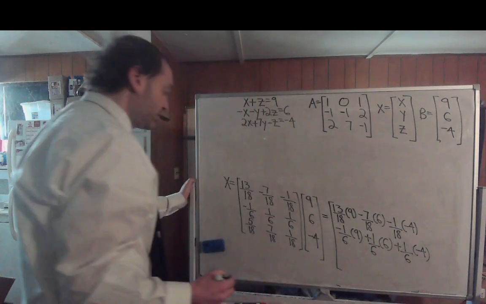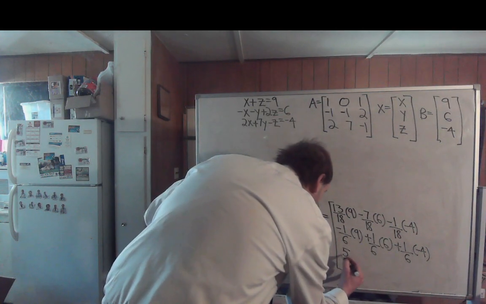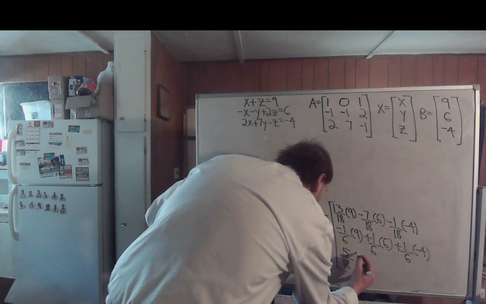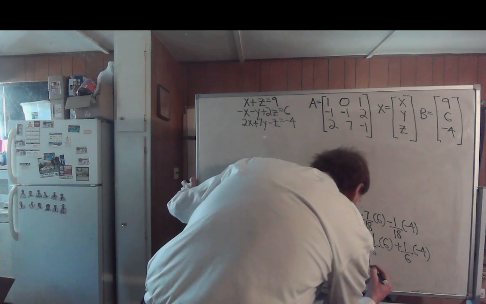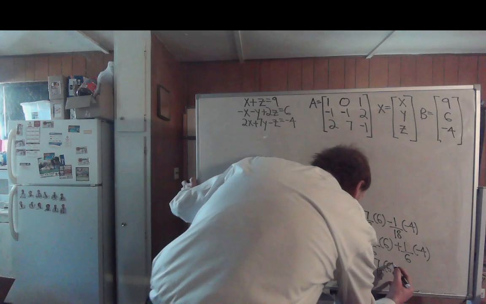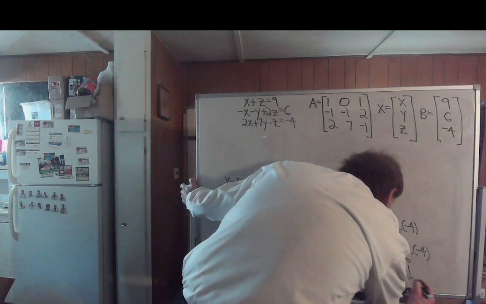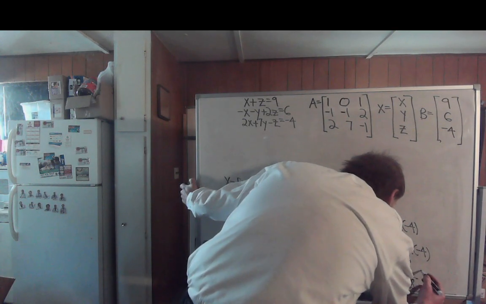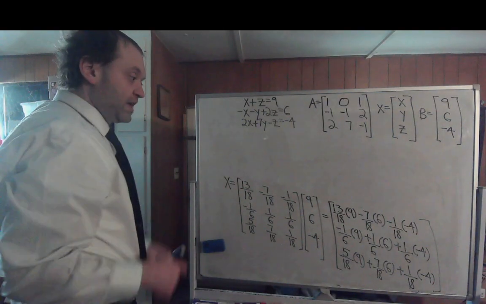In the final row, you'll take your 5/18 times 9, then you'll take your 7/18 times 6, and then plus 1/18 times -4. So there's the work of that.